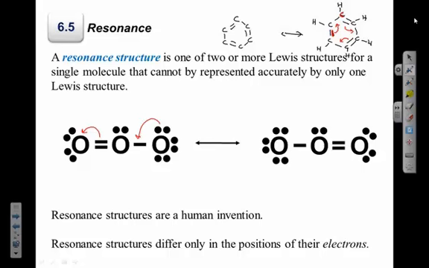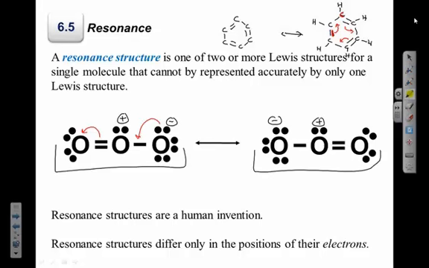So back to the ozone. When I look at where the formal charges are, we calculated those before. We see that resonance allows us to draw 2 different ways that the electrons could be distributed. And this type of arrow specifically is different from one you may have seen in a different class that looks like 2 arrows going in opposite directions, or one that looks like this.